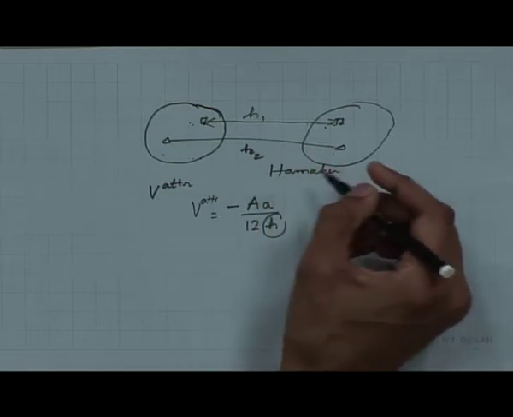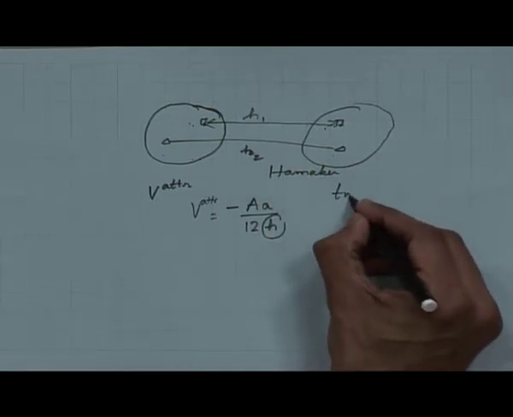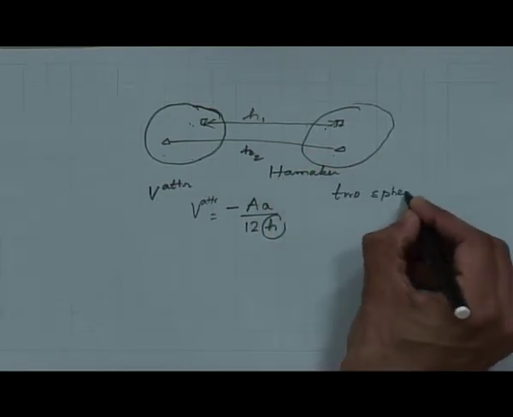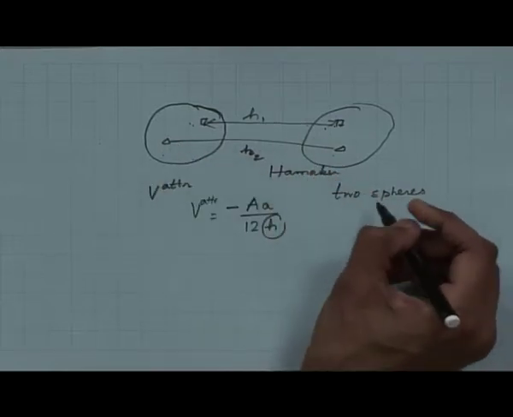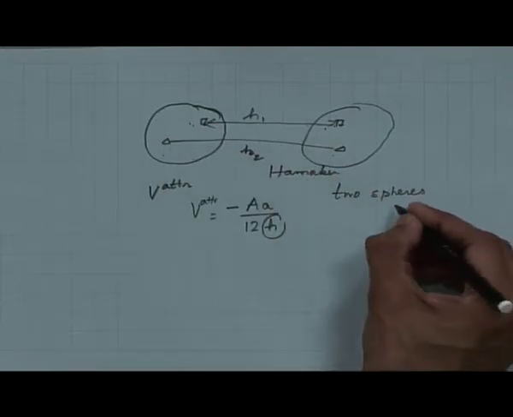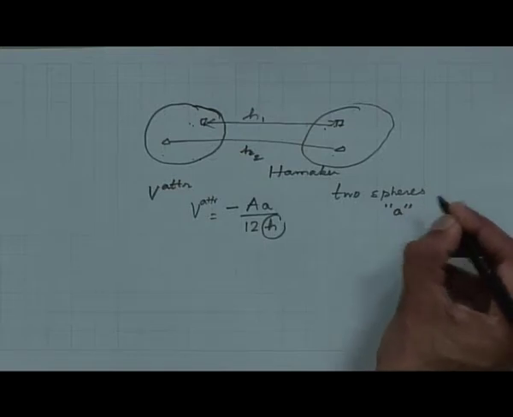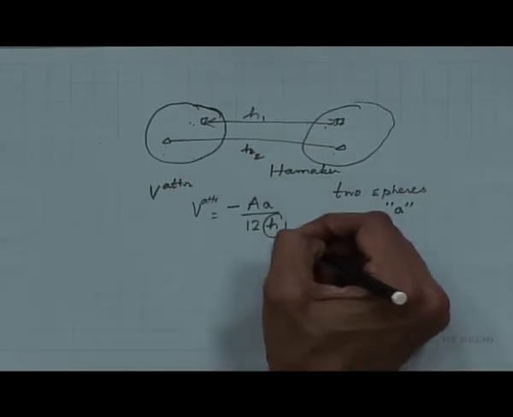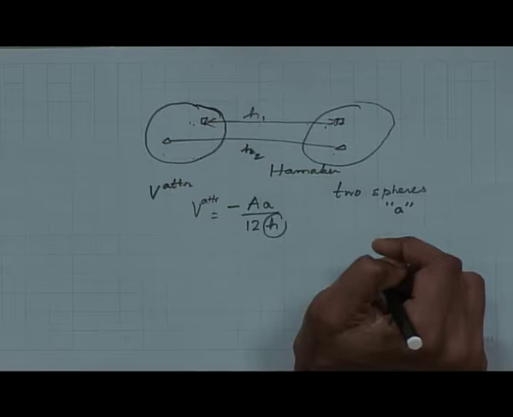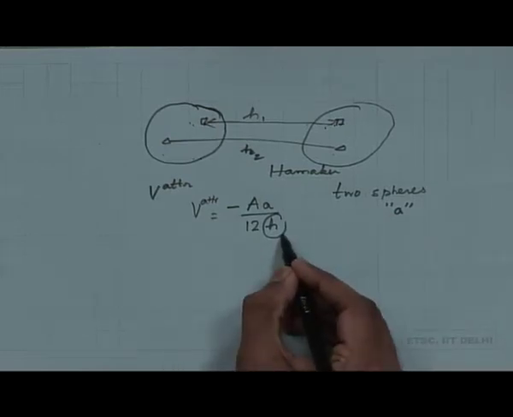So, here I am considering two spheres. The hypothetical situation where the two colloidal particles are two spheres with radius A and the distance between the two is H, and this attractive potential has this form.